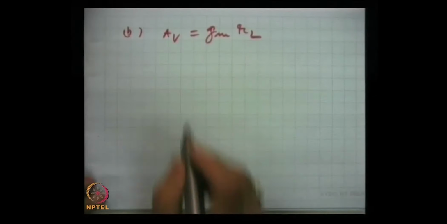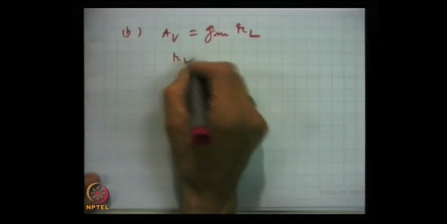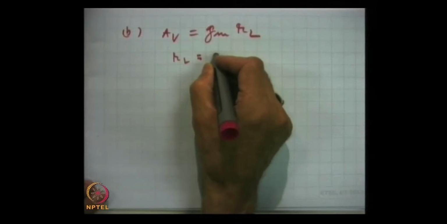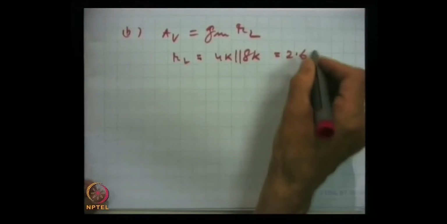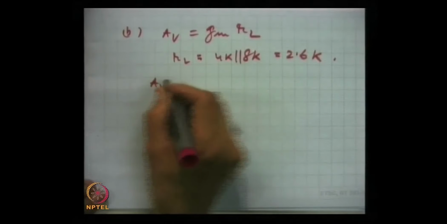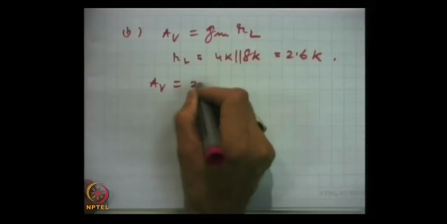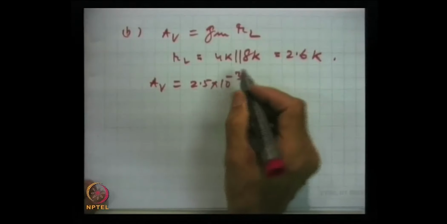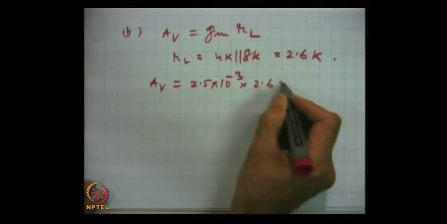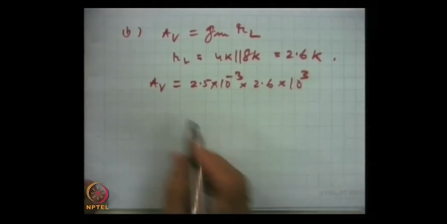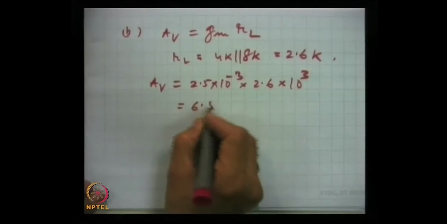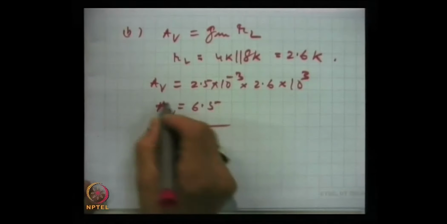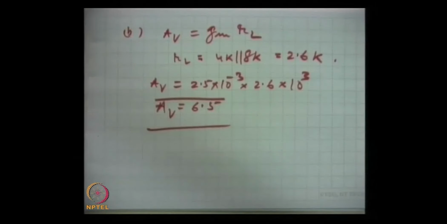So, RL in the present case is 4 K and 8 K in parallel, and that comes out to be 2.6 K. Then AV becomes 2.5 into 10 to the power minus 3, that is the value of gm, into 2.6 K. So, this is 6.5. The voltage gain for the common source amplifier is 6.5.